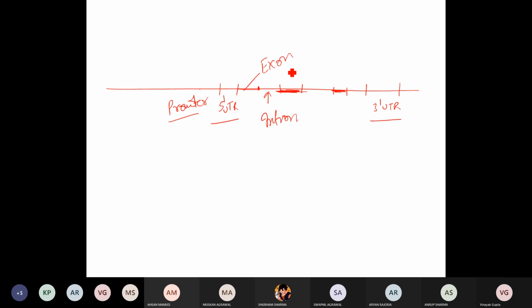What do you mean by exon? Exon is the segment of DNA which is the actually coding region, the coding part. And introns are the intervening sequences, they are the non-coding part. They are not going to code for a protein. Non-coding.